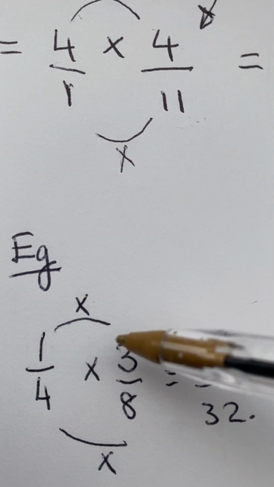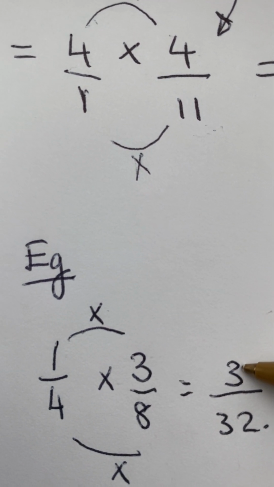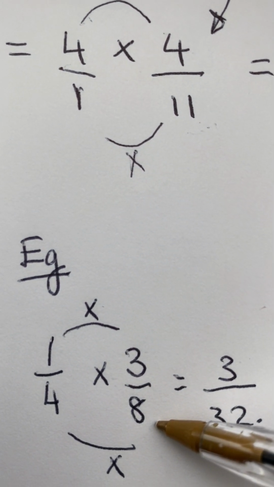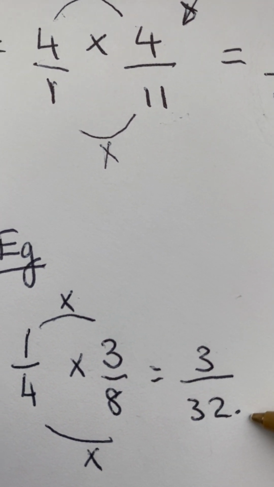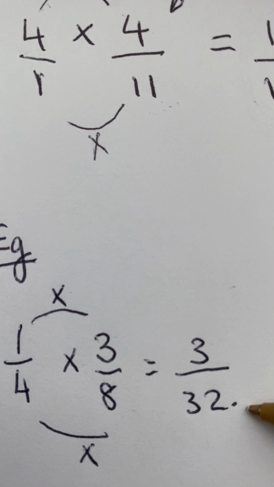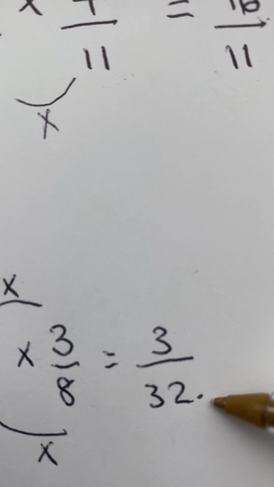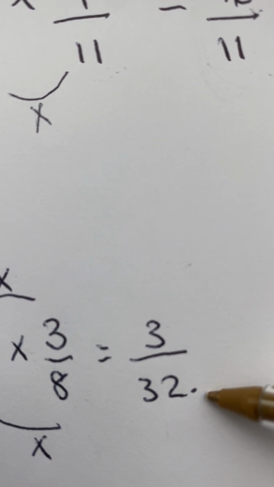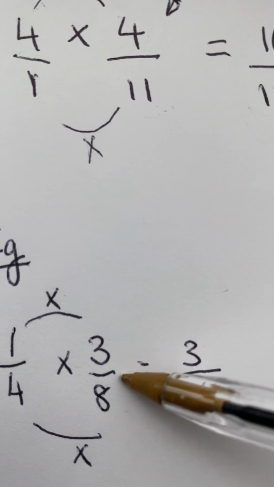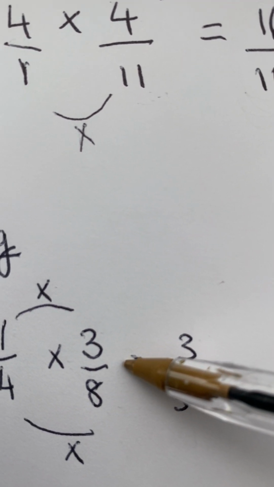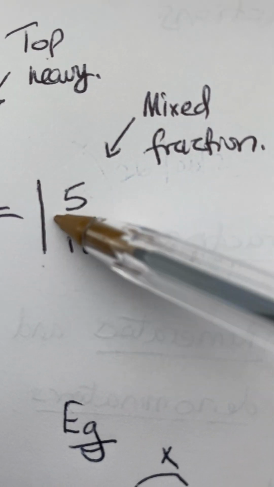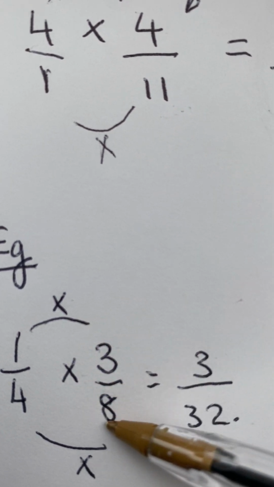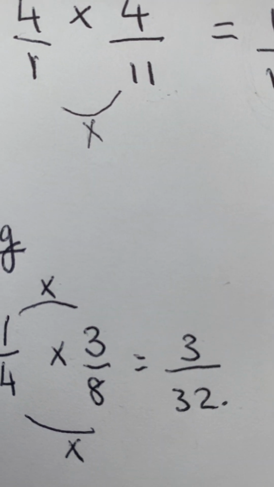So 1 times 3 is 3. 4 times 8 is what? 32. Multiplication is straightforward. You just multiply the numerators and multiply the denominators. But assuming this was a mixed fraction, like this number, then we have to change it into an improper fraction before we multiply.